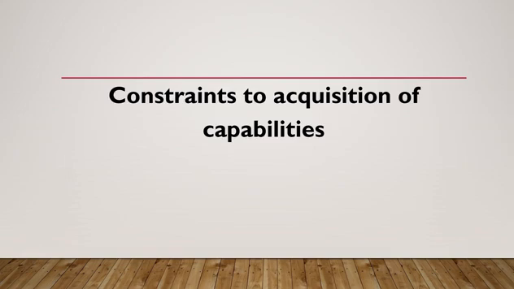So in this part of this lecture, we want to discuss constraints to acquisition of capacities, constraints to extension, as extension makes effort to transfer climate change adaptation technologies. Now, these constraints will include poor funding, inadequate manpower.